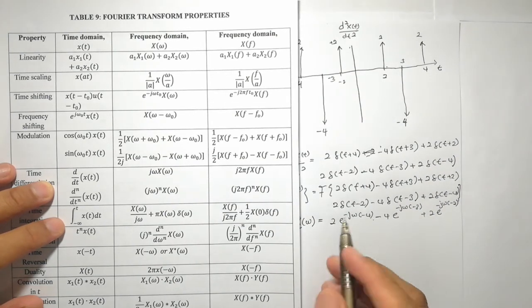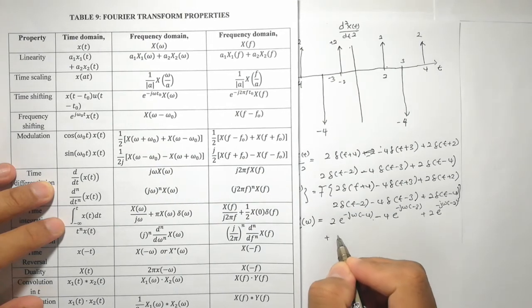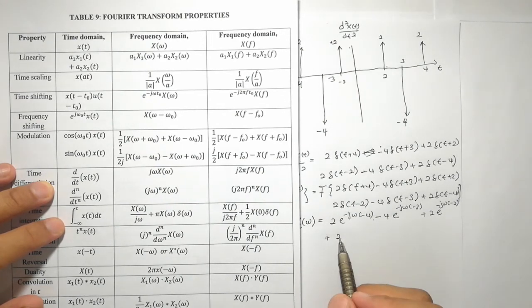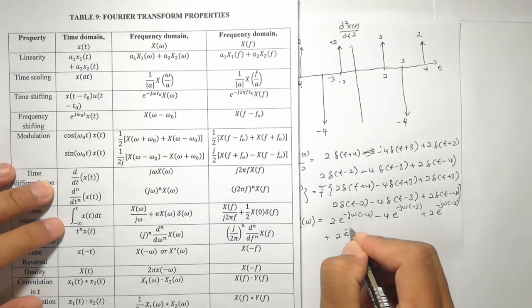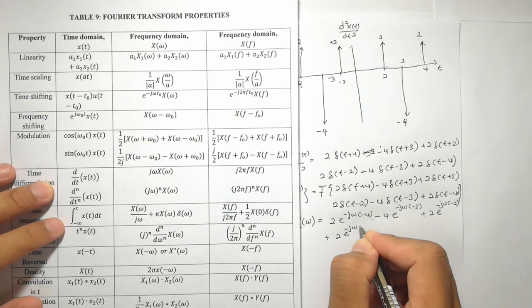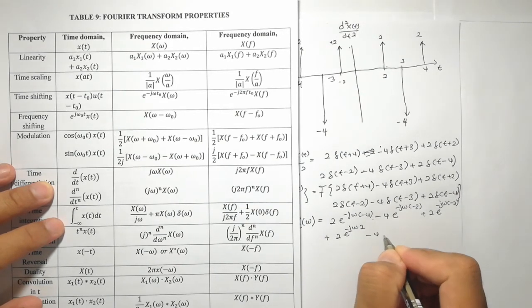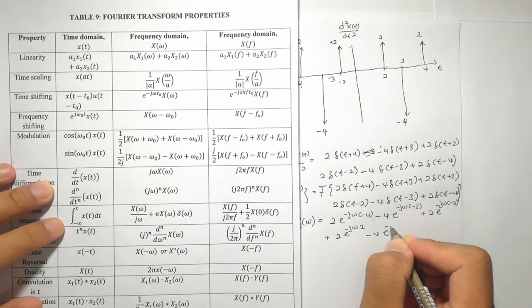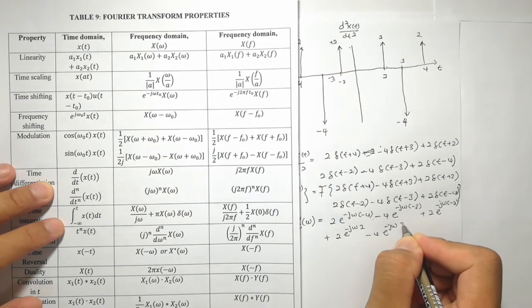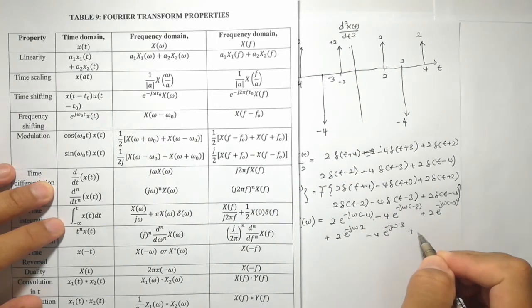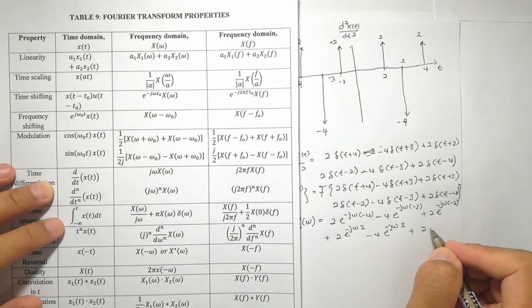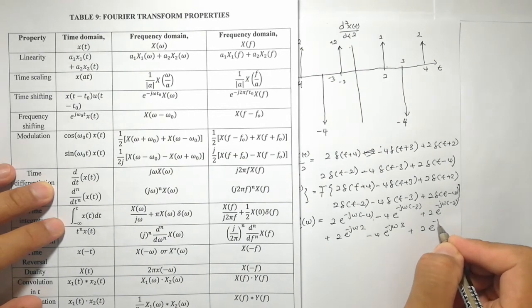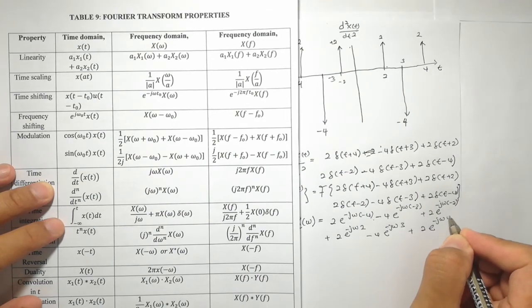We'll continue with the rest. Now we have 2 and then t equal to 2, so we have 2e^(-j omega 2), and then minus 4e^(-j omega 3), and then plus 2e^(-j omega 4).